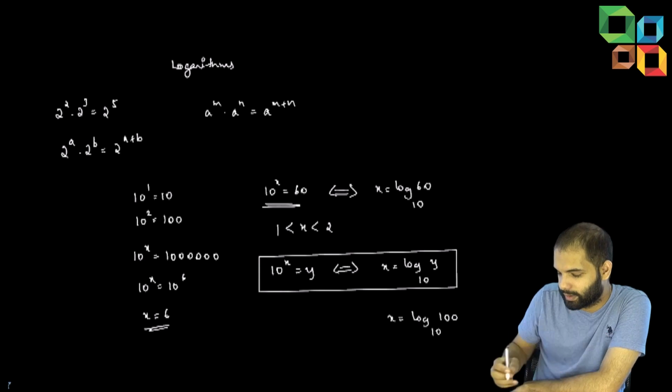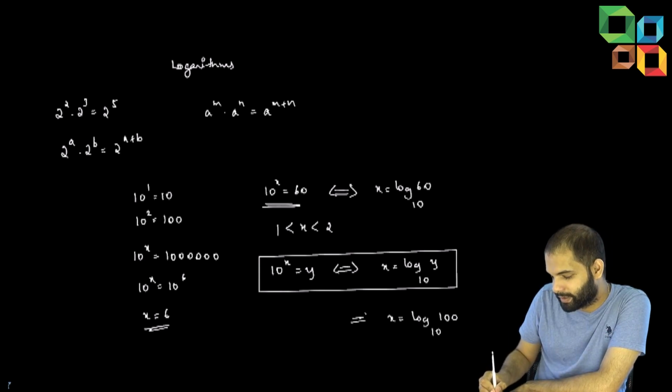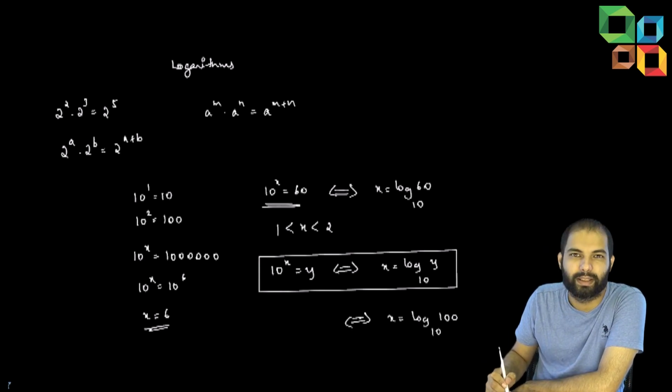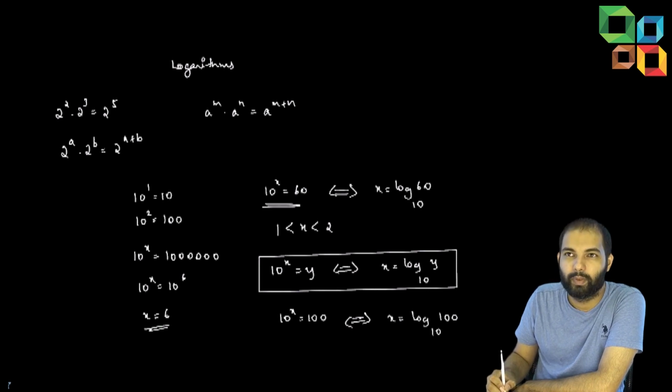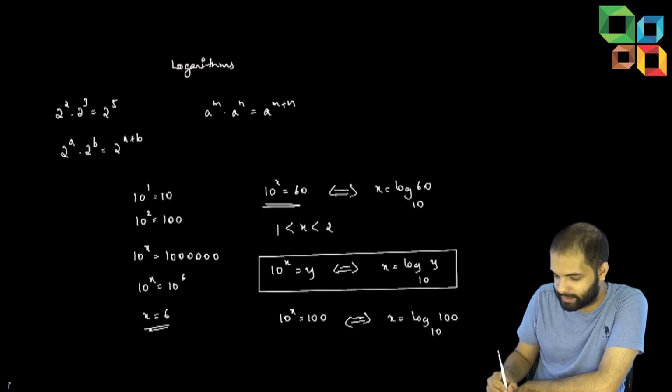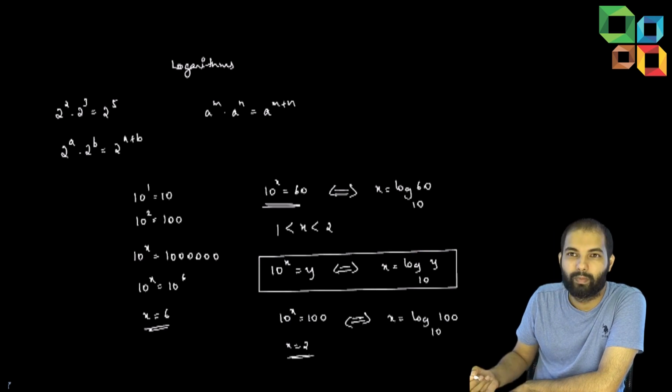So look at this. By definition, both these statements are one and the same. What I'm asking is 10 power x should be equal to 100. So when is this true? This is true when x is equal to 2.